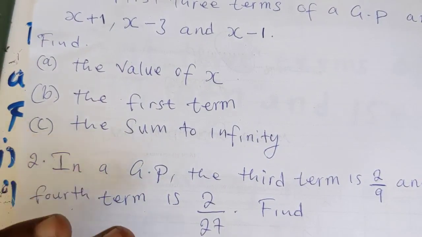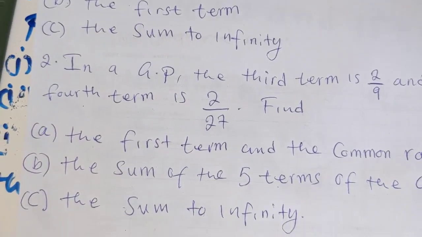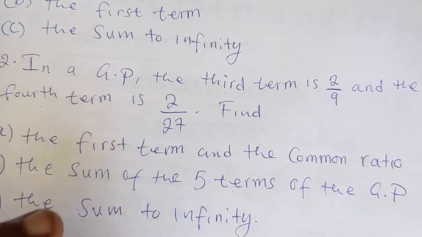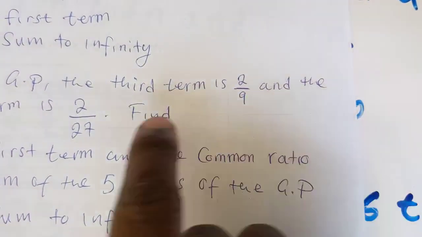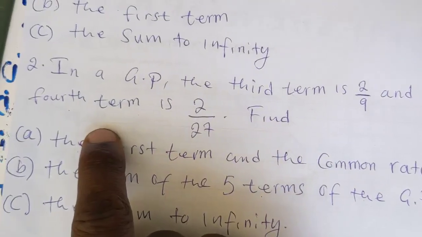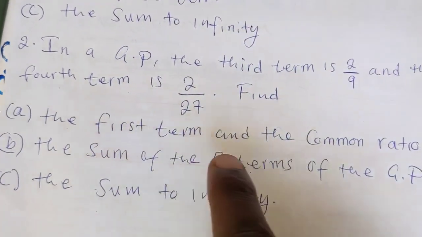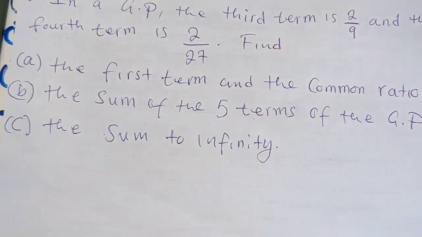C, the sum to infinity. Question 2 is saying that in a GP, this is the third term, and this is the fourth term. Find the first term and the common ratio.